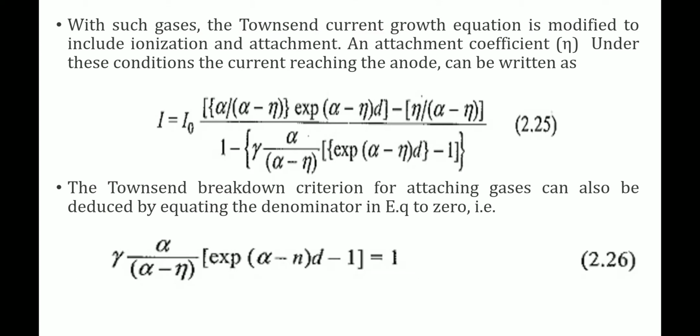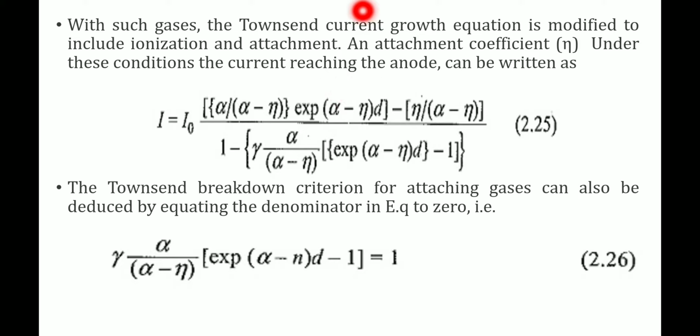Okay. So now with these kinds of gases, the Townsend's current growth equation, which in the previous class we have already derived, the current calculation we have done with the help of an equation, that is I is equal to I naught into the bracket of exponential of alpha into d. Is it right?